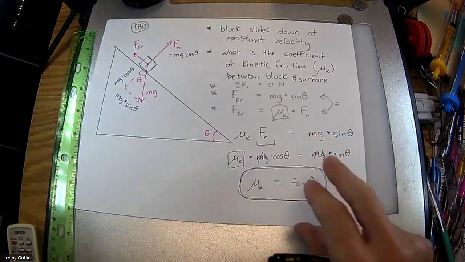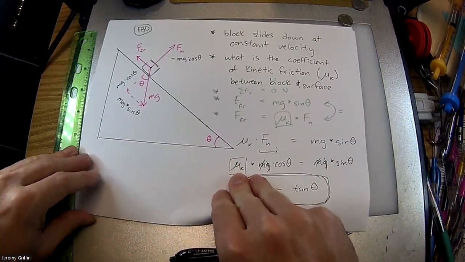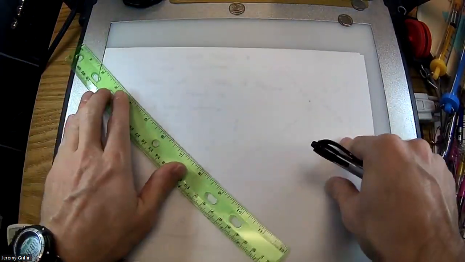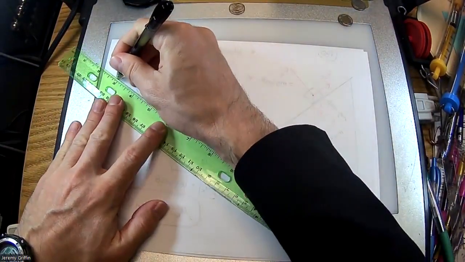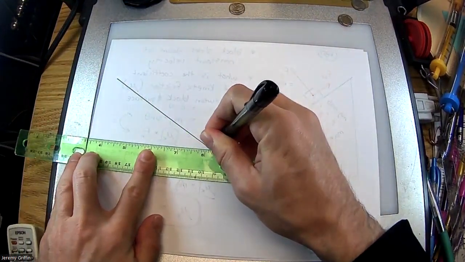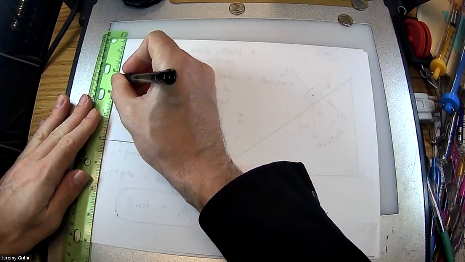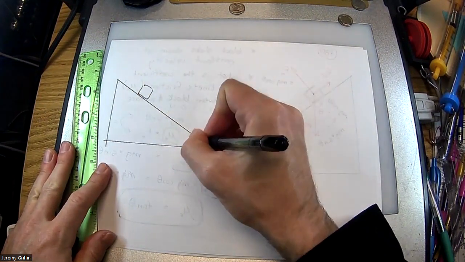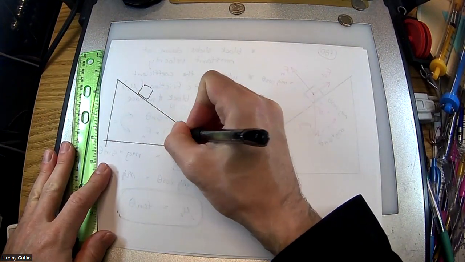All right. How about you guys ready to go a layer trickier? How about this? Let's set up another incline here. Let's say at this angle, I'll give you some numbers.